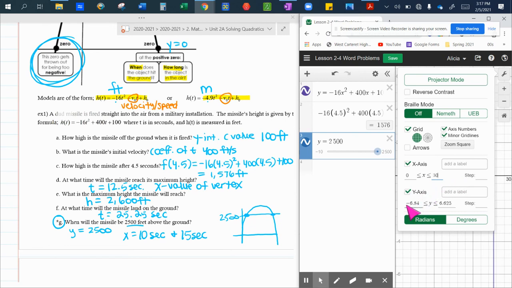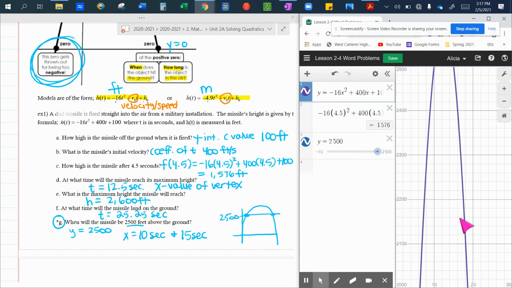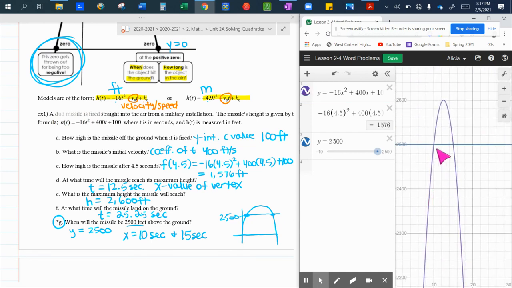But if I know that my y value is going to be 2,500, I can set my window to one that is going to show me that value. And I set that at the top. So when I have that line, I see that it crosses my parabola at 10 and 15.